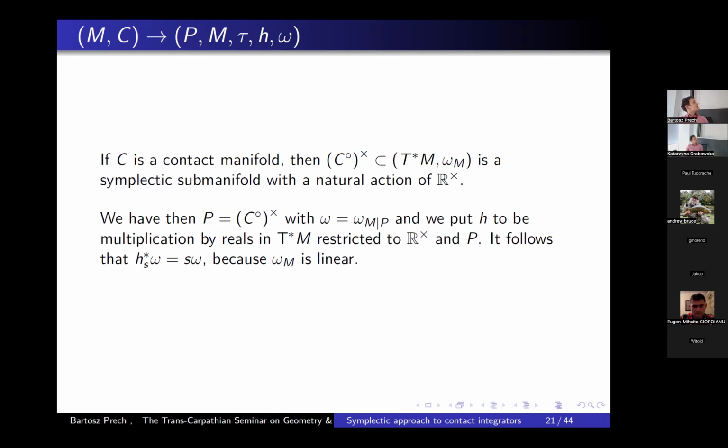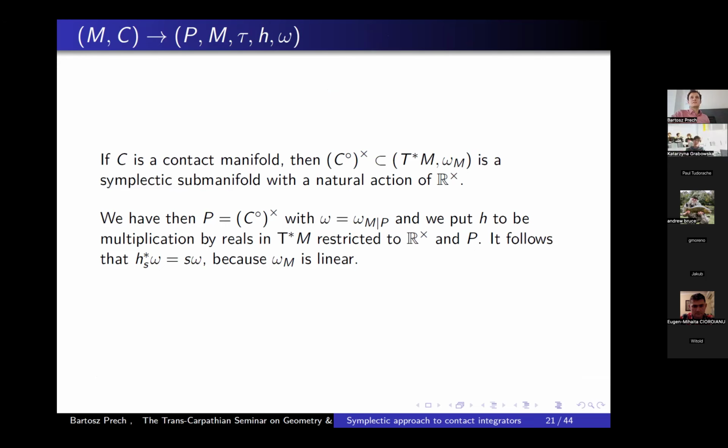And so maybe a sketch of a proof. The proof is pretty arduous. So consider, we take an annihilator of a distribution and remove the zero section. Sorry, you should probably say what we are doing.